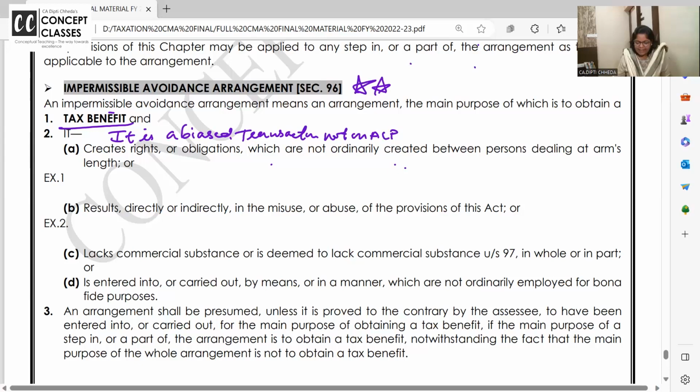It creates rights or obligations which are not ordinarily created between persons dealing at arm's length. So normally transactions don't happen like this. That means definitely it's a biased transaction which is not done at arm's length price.